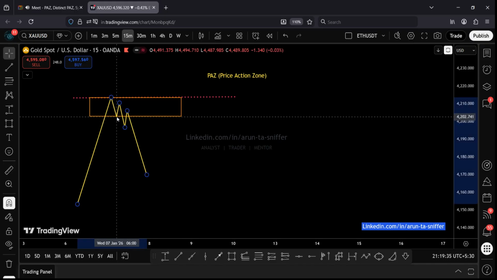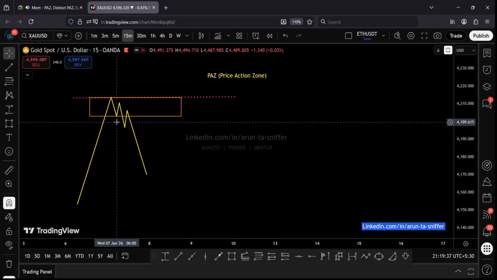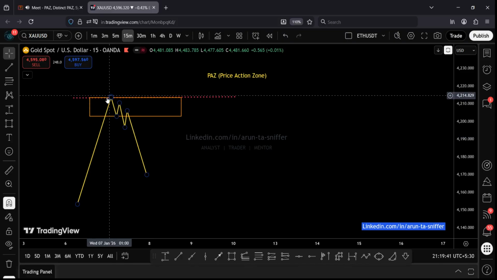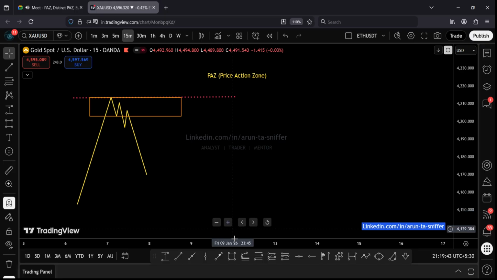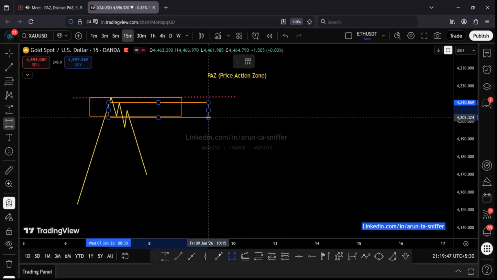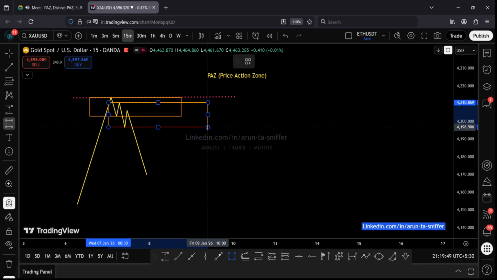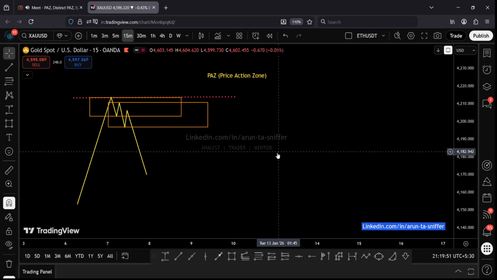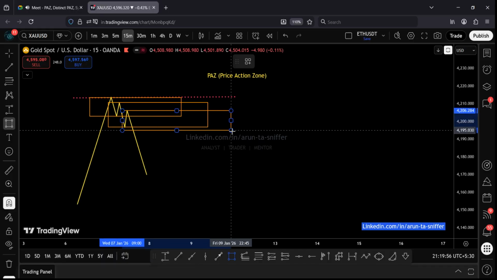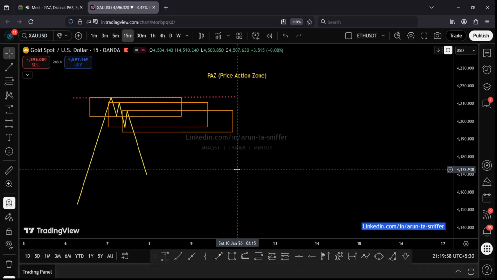What is happening here? What happens in compression? Orders transfer from here to here, order will transfer here to here, right? And then here to here, like this.